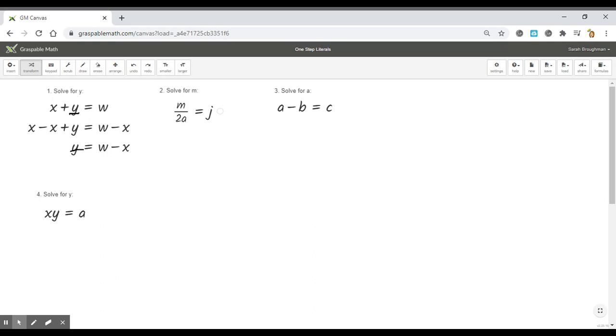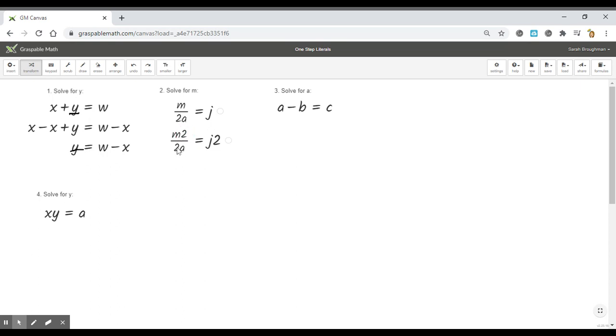I'm going to multiply both sides by 2 first, so I'm going to hold on to the 2 and put it underneath the j over here. And it shows that I multiplied both sides by 2.